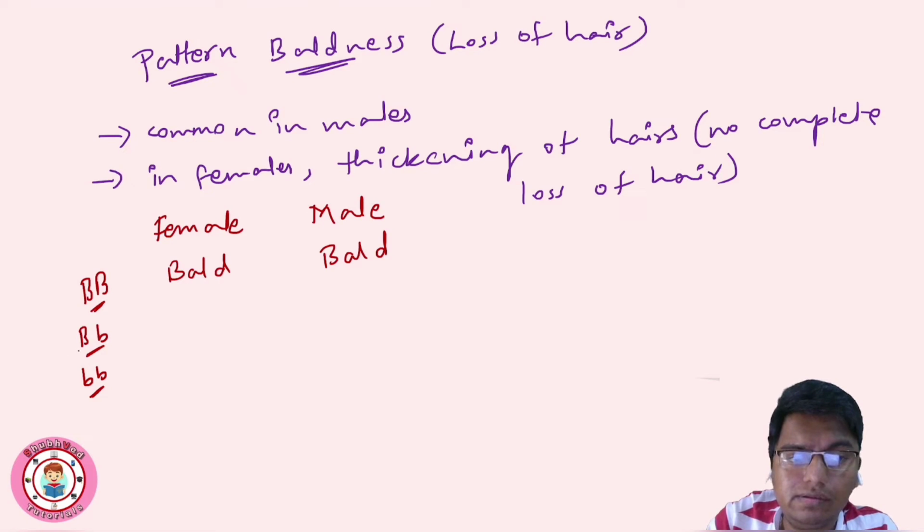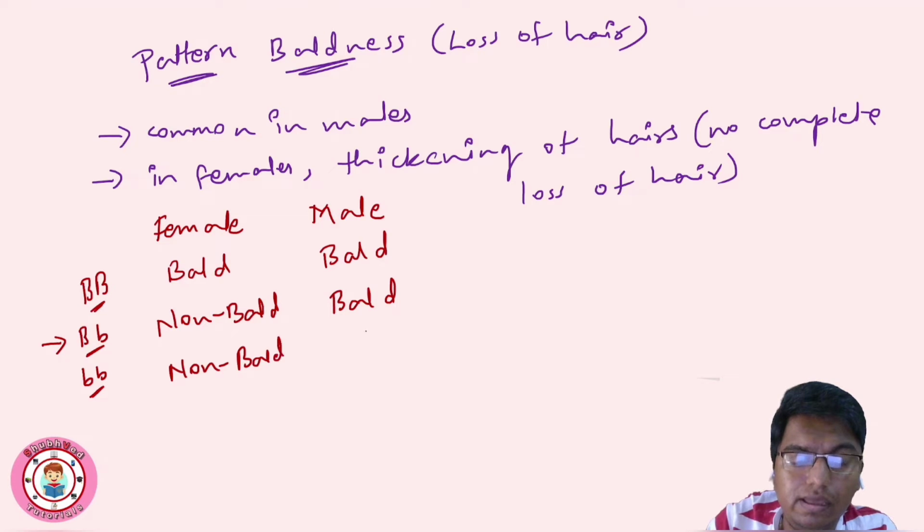Now see this condition, heterozygote. The heterozygote female is non-bald, and here males are bald. This is common in males due to the heterozygous condition, and females here in the recessive condition are non-bald, as well as here also non-bald.